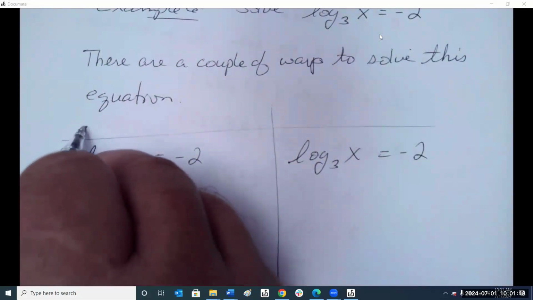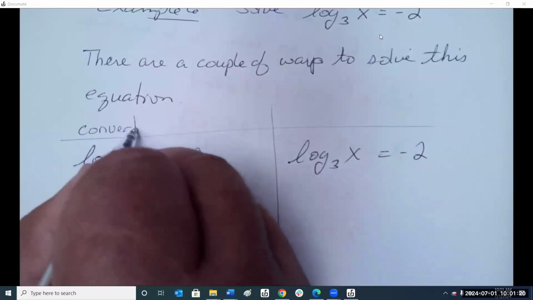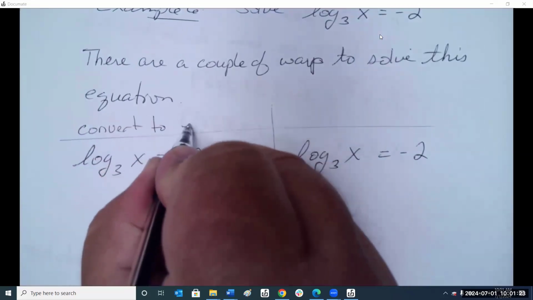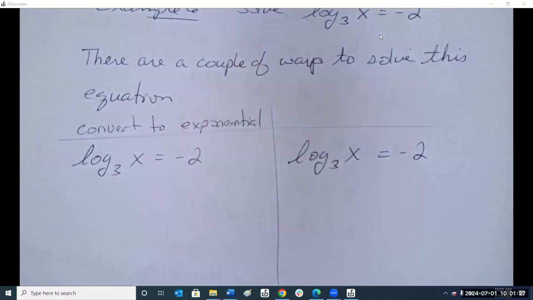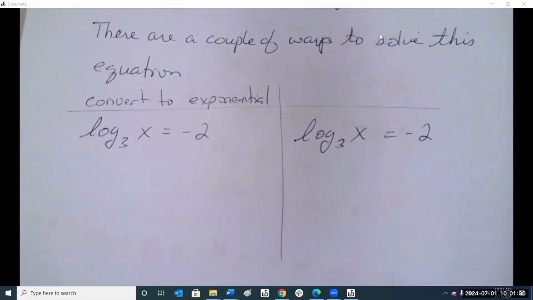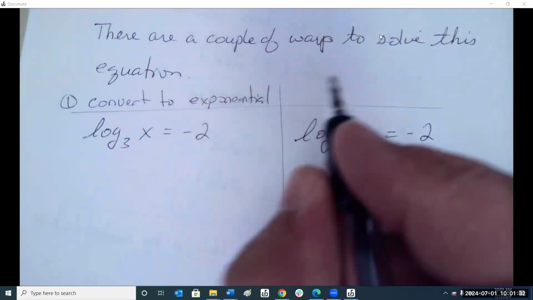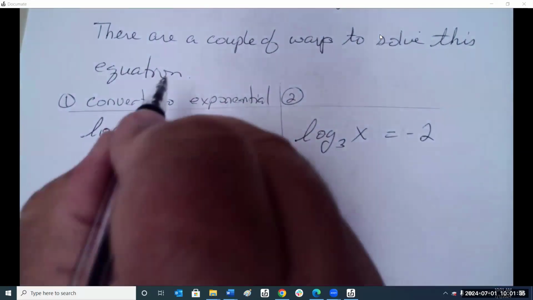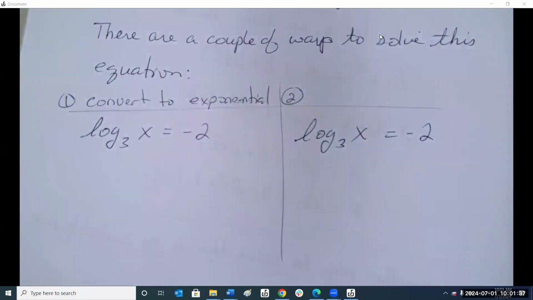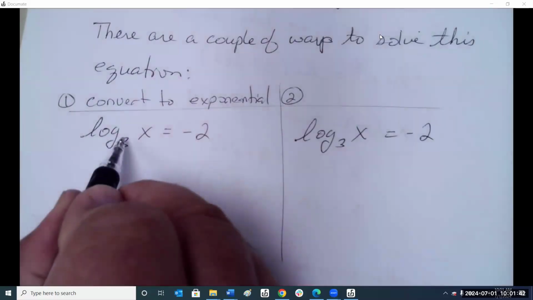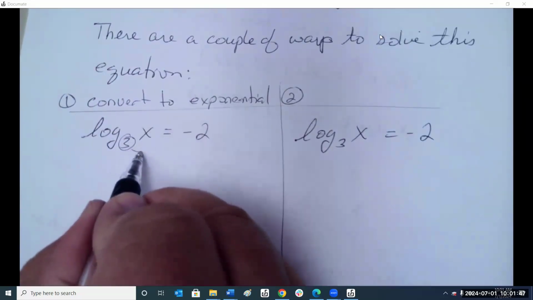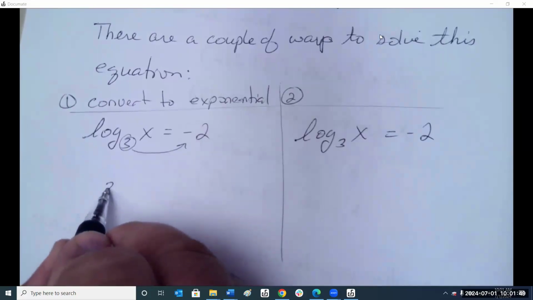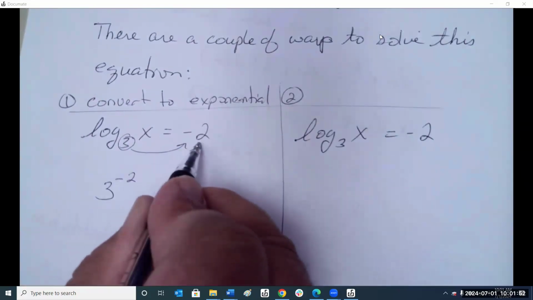One way is to convert to exponential. The way we do that, since it's log on one side and a number on the other side, is take the base and make it the base on the other side.